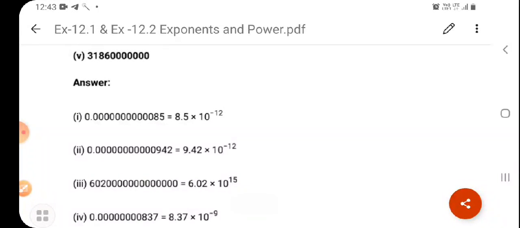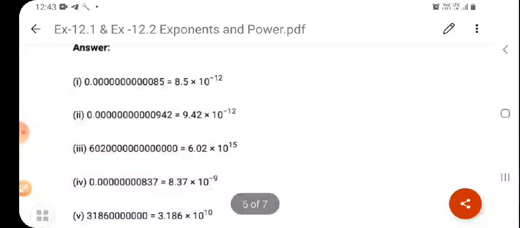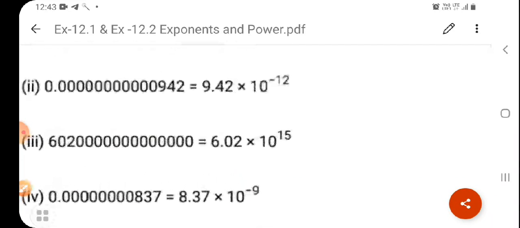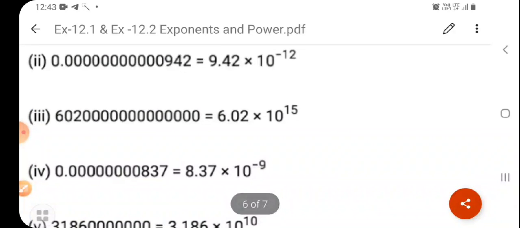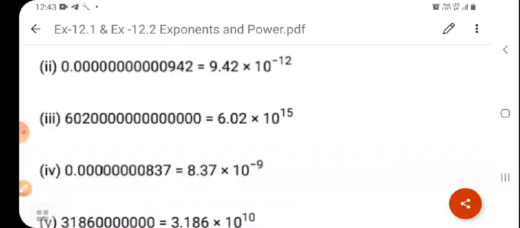And here the number of zeros are 3 and 3 is 6, 3 is 9, 3 is 12 and 13. So 13 zeros and 2 decimal places, so 6.02 into 10 to the power 15 is the required standard form.